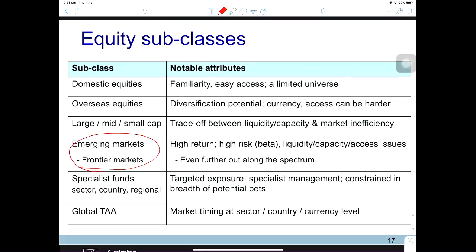But it does not cover all of the listed equities in the emerging markets. It's done by sampling. Only probably the largest, most liquid and actively traded emerging stocks will go into the MSCI index.